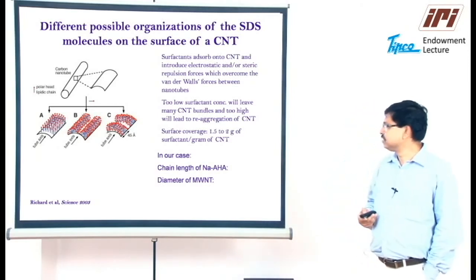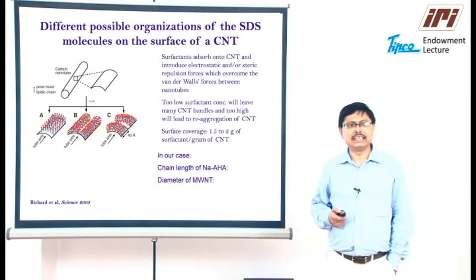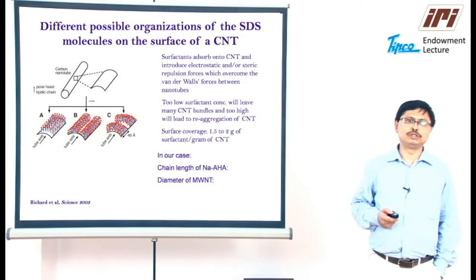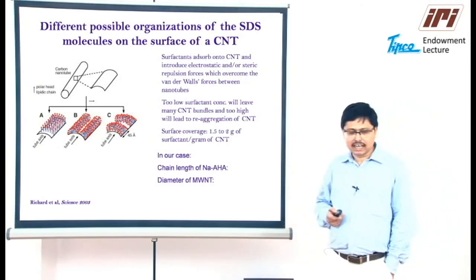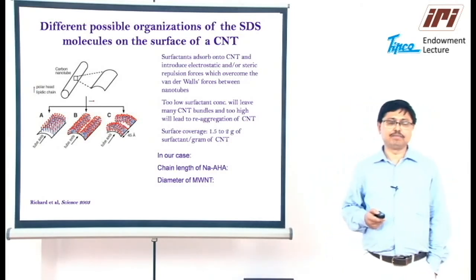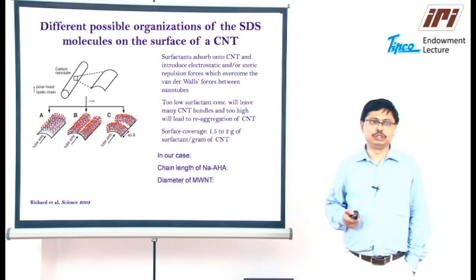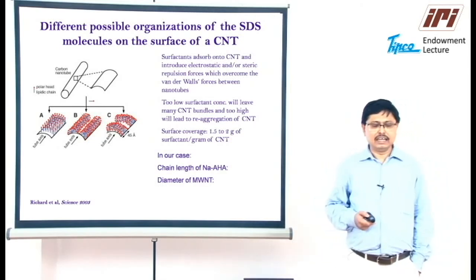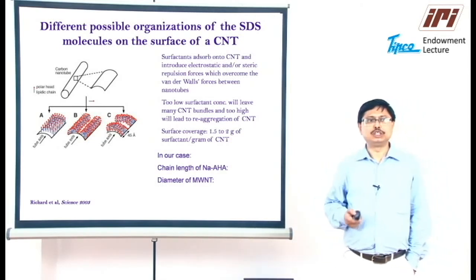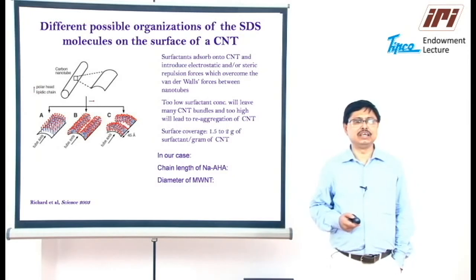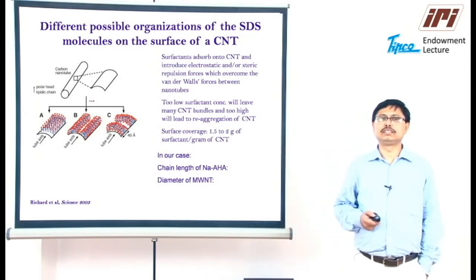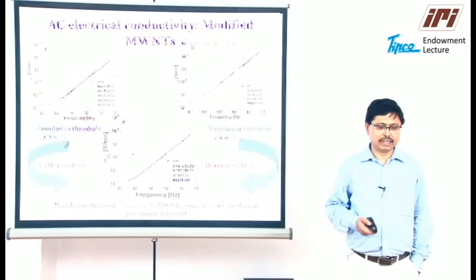And in our case, we found that the molecule length is very small, 6 to 8 angstrom, as compared to the diameter of the multi-wall carbon nanotubes. So we found that in our case we need a much higher concentration of NaHA in order to achieve complete surface coverage of the multi-wall carbon nanotubes.